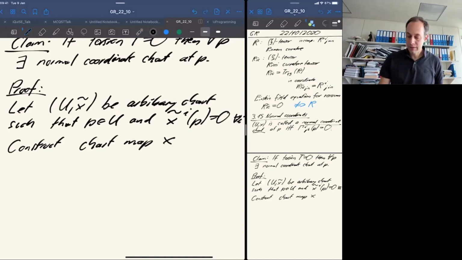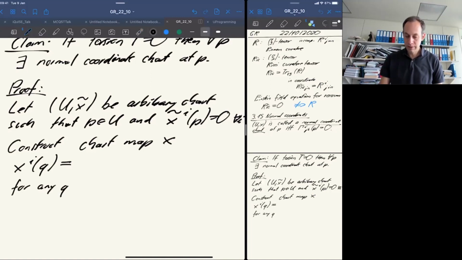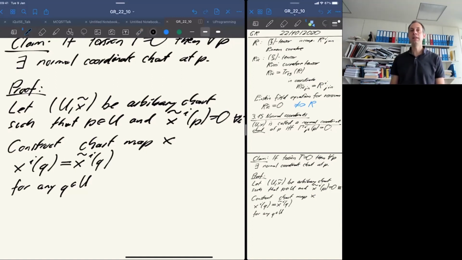And this is now a construction which just says explicitly what is the coordinate of an arbitrary point Q in U. So what I'm now going to write should be true for any Q that is still an element of the chart. So I construct it in the following way. Essentially, it's like an expansion. I say, okay, to 0th order, the coordinate should just be the same as the corresponding coordinate in the tilde coordinate system. This was the arbitrary one I started with.